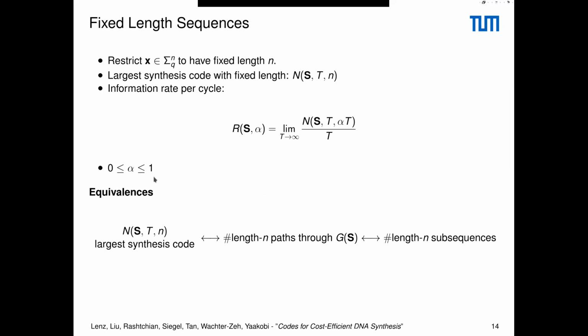Then we have the same equivalences as in the variable length case, because here again the largest synthesis code relates to a length n path through this synthesis graph and also to length n subsequences. So this is also directly true.